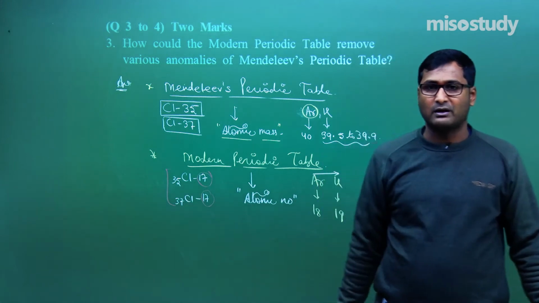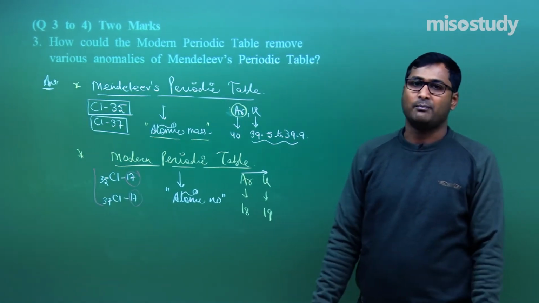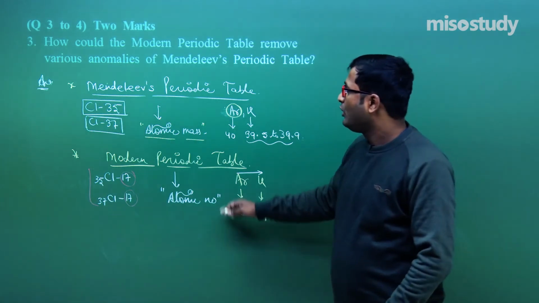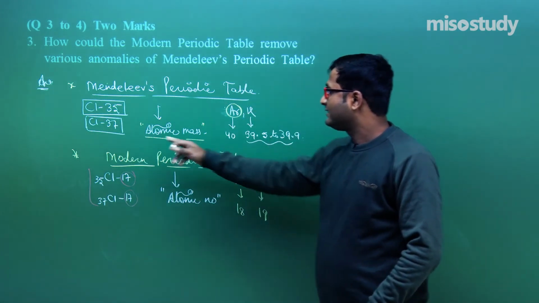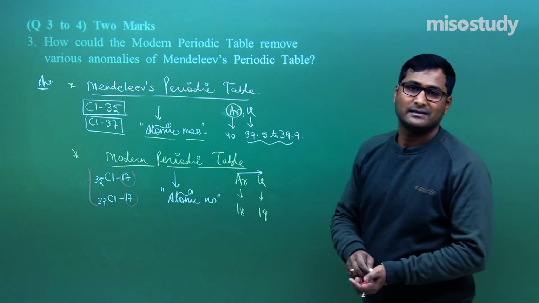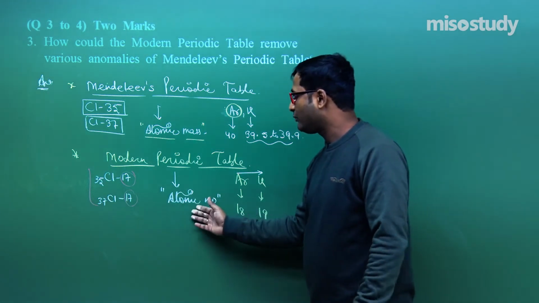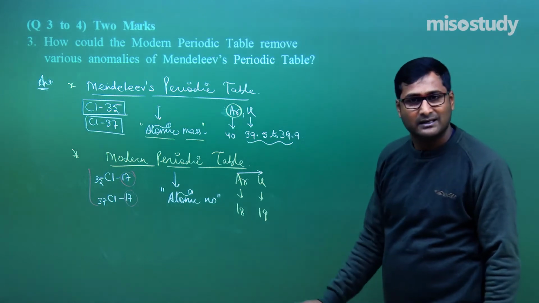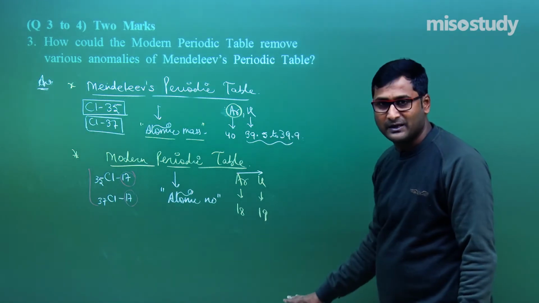But it is not true, because hydrogen has similar properties to alkali metals and halogens. So if anyone asks you, you can take these 2 important examples. Clear to you? And tell them that the basis here is atomic number, and there the basis is atomic mass. Clear? I think you can easily explain.